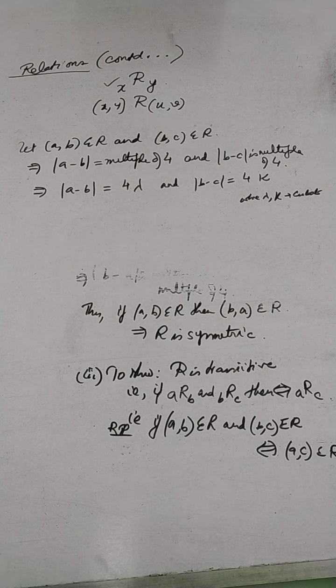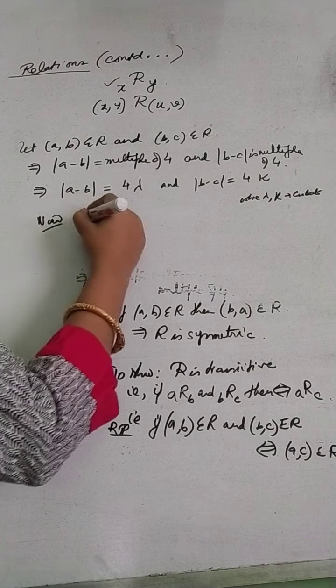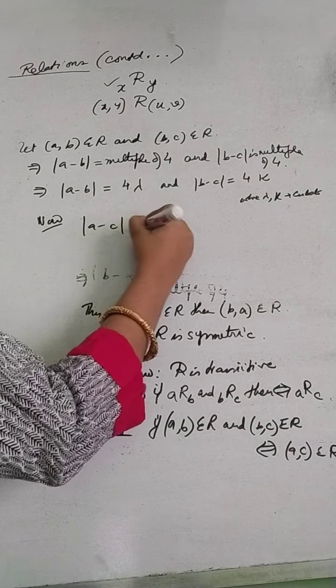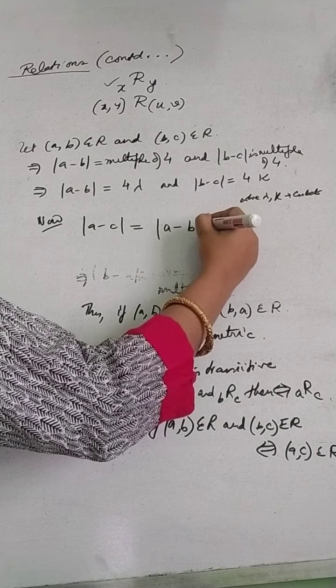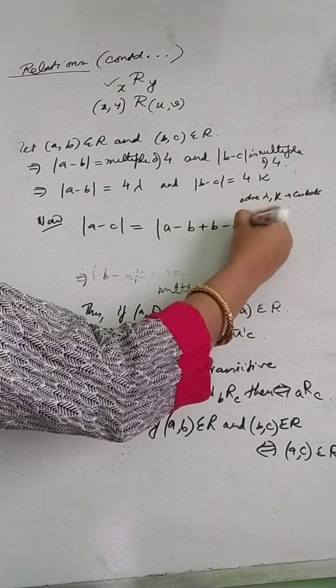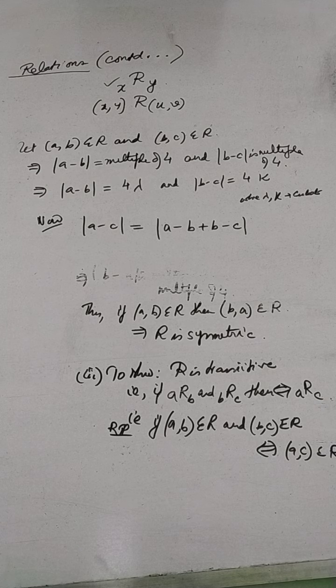Okay, W means whole numbers because 0 can also be there. That is one. So therefore now we will check what is A minus C modulus. Now mod of A minus C, we want to introduce these two. So A minus C, I am writing it as A minus B plus B minus C. Easily we can write this.